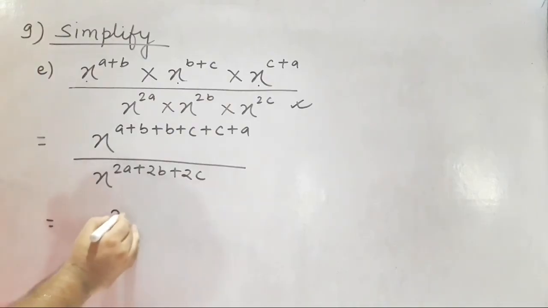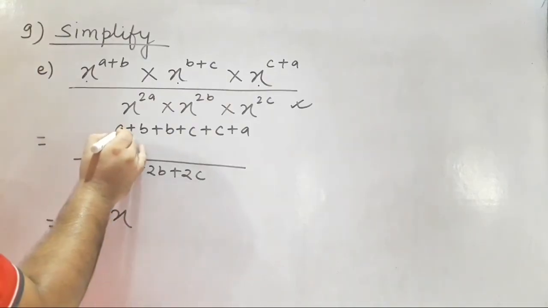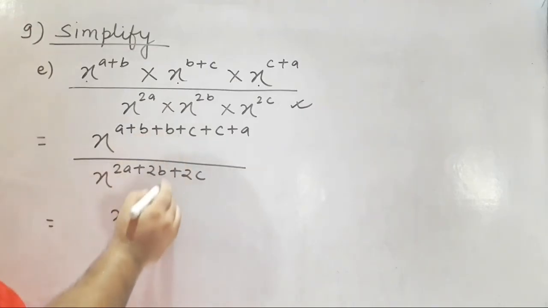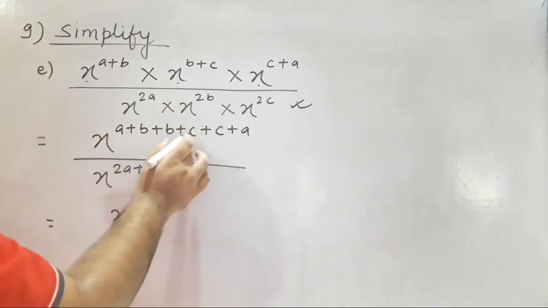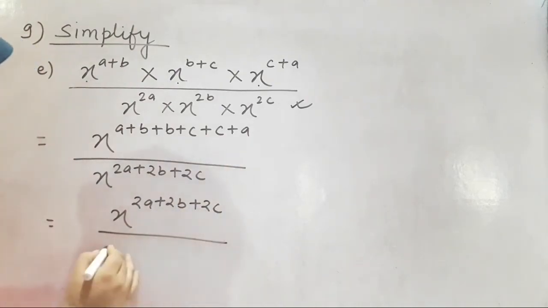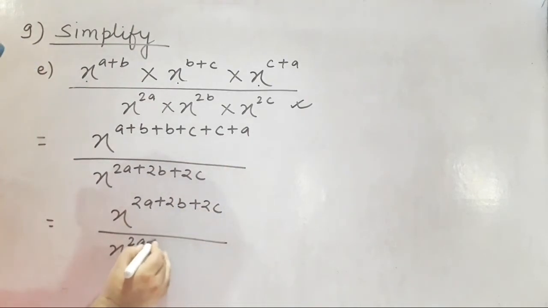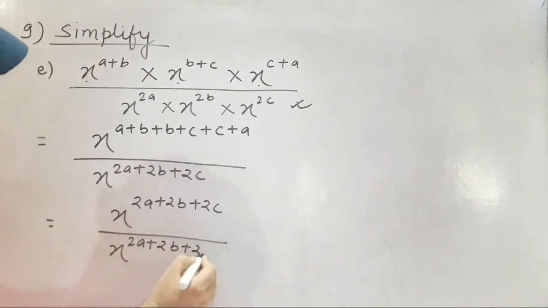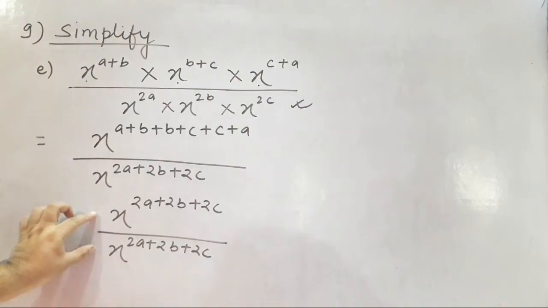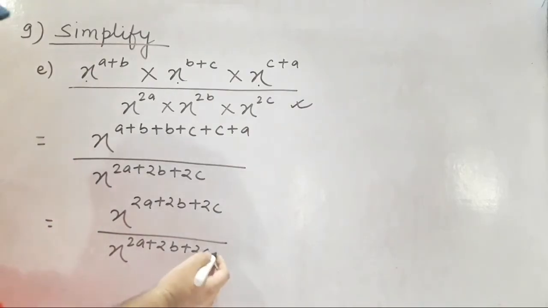Equal to x power 2a plus 2b plus 2c by x power 2a plus 2b plus 2c. We can see that same bases are being divided.